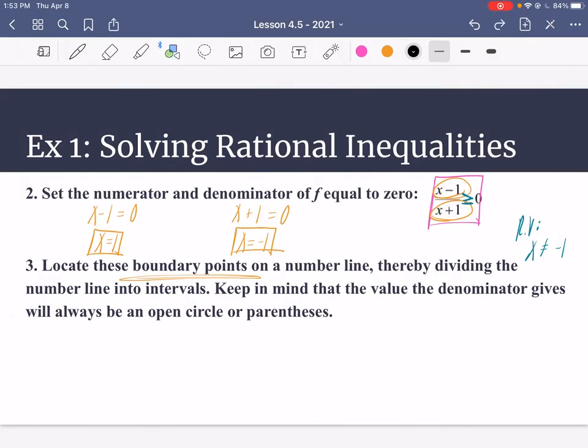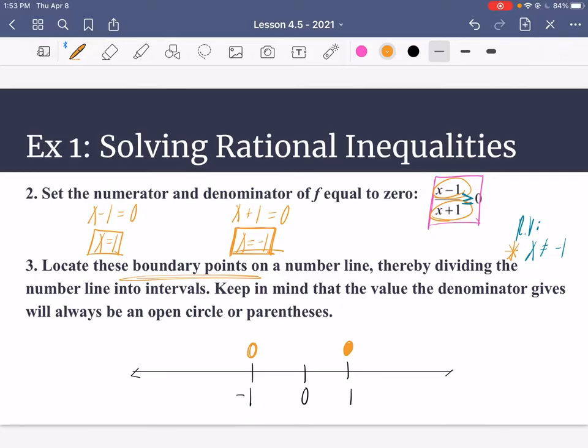So on the number line, when we locate our two boundary points, we would have positive 1 and negative 1. Positive 1 could have an actual point there, but negative 1 would have to have an open circle because of this restricted value, knowing that it can't actually equal negative 1.